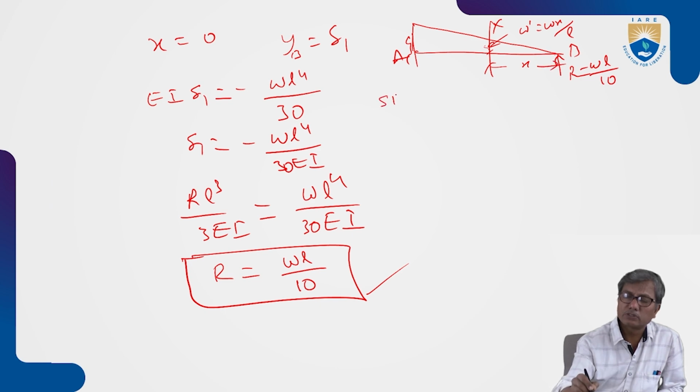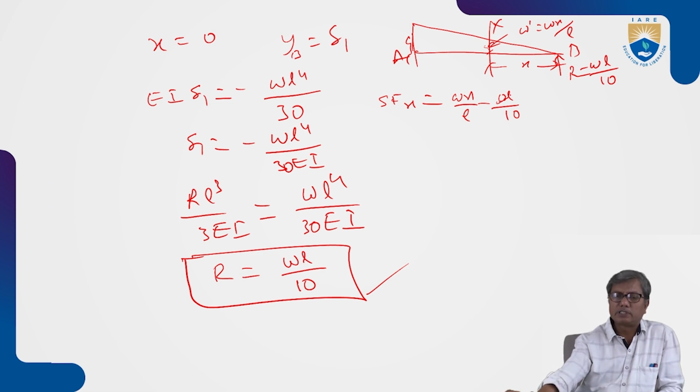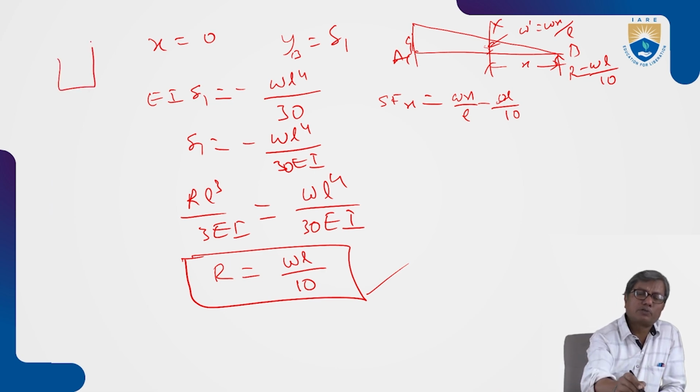So shear force at section x is Wx by L minus WL by 10. The convention that we follow for shear force is right side downwards positive.